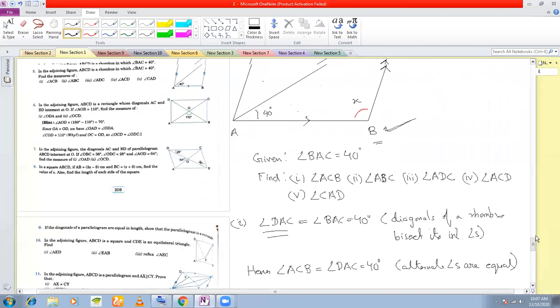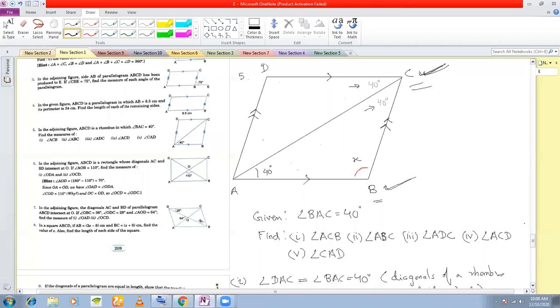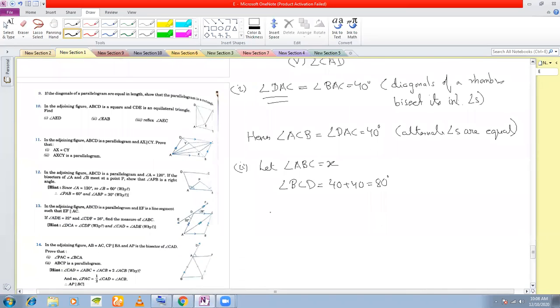So therefore, angle ABC plus angle BCD equal 180 degrees, because C and B are adjacent angles. Why? Because adjacent angles of a parallelogram are supplementary.